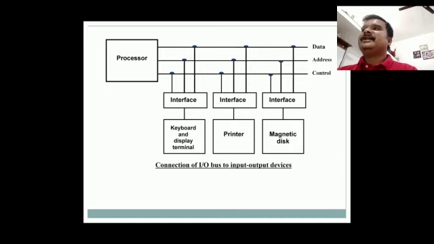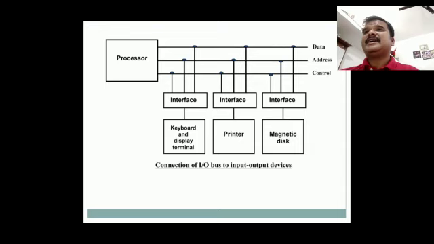It means we have three buses: the data bus that performs data communication, the address bus for address communication, and the control bus to communicate controls. These components are called interface units because they interface between the processor bus and the peripheral devices.